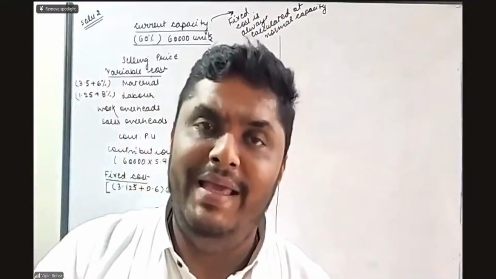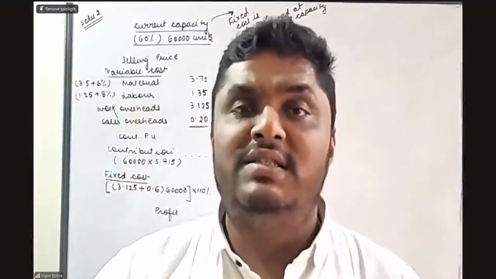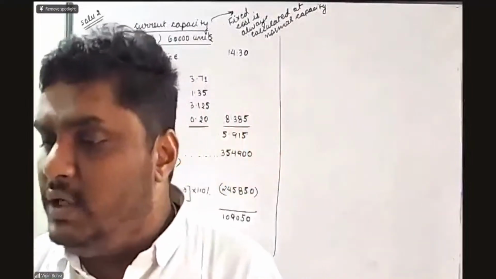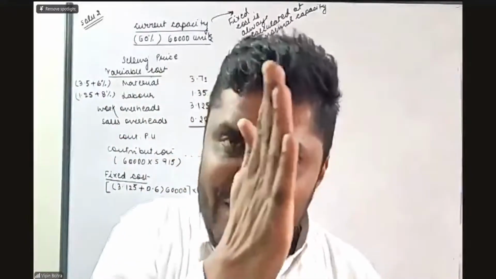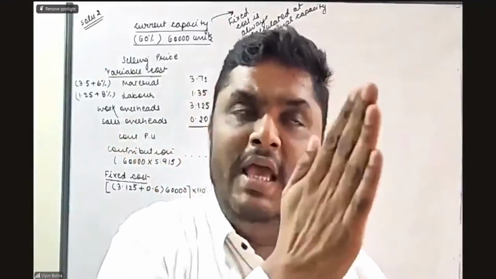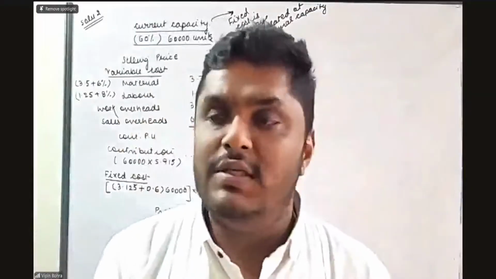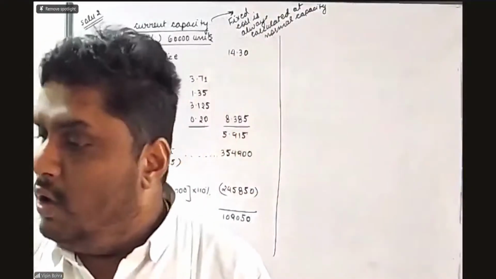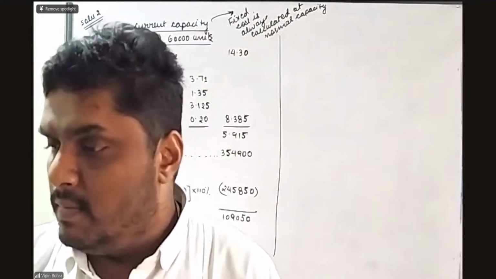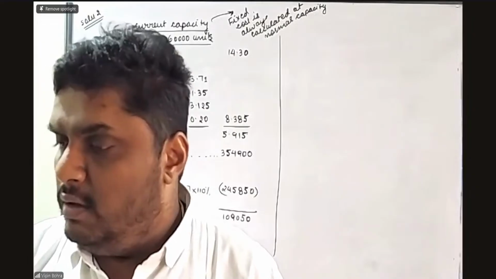Okay, now a question from my end. If we manufacture 50,000 units extra, will there be any additional fixed cost? Yes or no? A question to all of you guys. If I'm manufacturing, let's say, 30,000 units extra, forget about 50,000, will there be any additional fixed cost? Yes or no? Okay, very good, Anil. Very good, Hina. Very good.